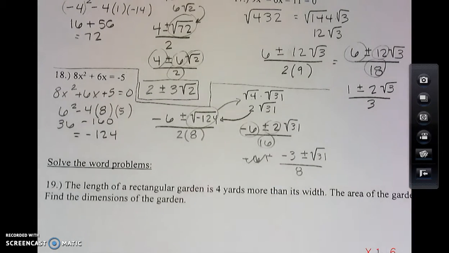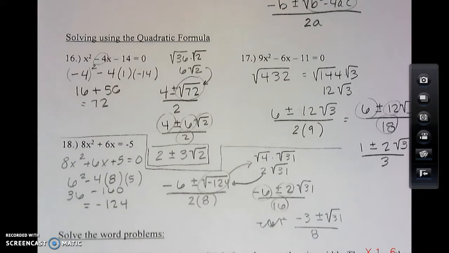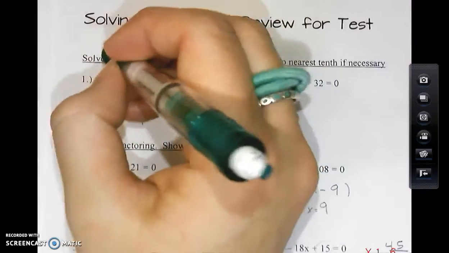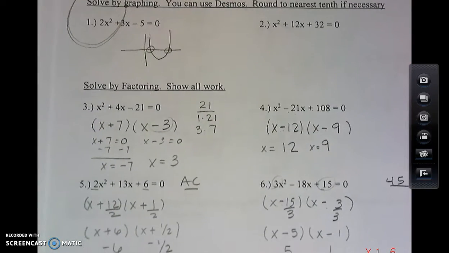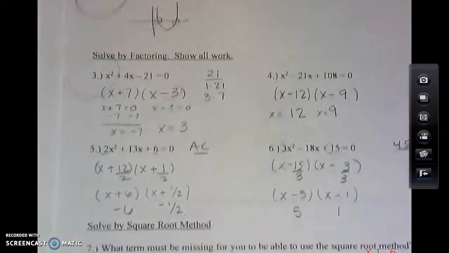Okay, so for your tests, what you need to make sure that you know how to do, you definitely need to know how to use Desmos in order to graph. So this is a must, okay? And then you're going to have to solve by factoring, so make sure you remember your factoring. And then square root method.